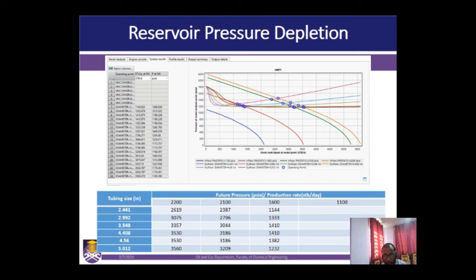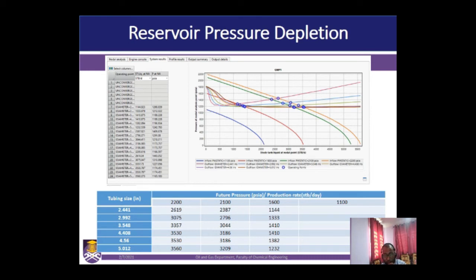As we see at the nodal analysis, the VLP for all the tubing size do not intercept with the IPR for the 1100.